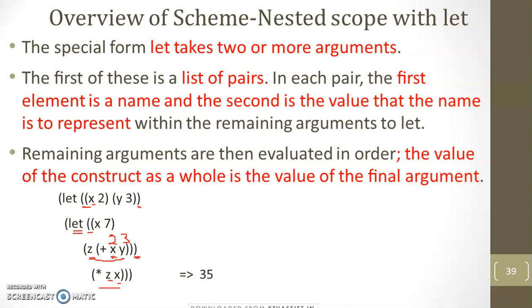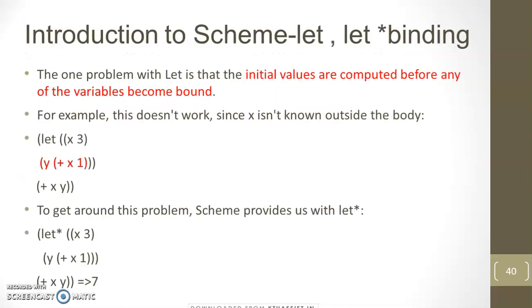Outside means it will be taking this let. So x will not take the value 2, it will take the value 7. So z is 5 and x is 7. Multiplying them, you get the result 35.